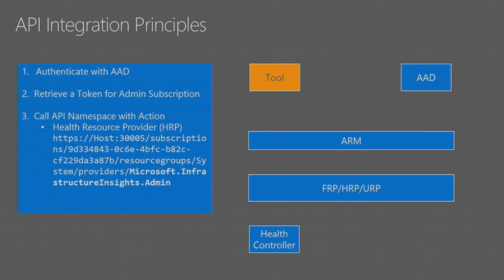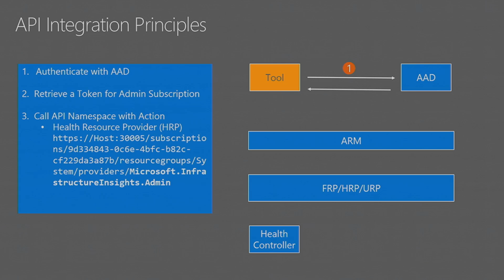So let's start by taking a look at the principles. Your first step when interacting with APIs is doing an authentication request to Azure Active Directory. Stay tuned there. It's not going to be only Azure Active Directory, but that's where we are with Technical Preview 2.